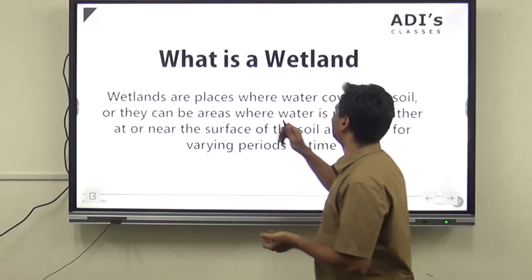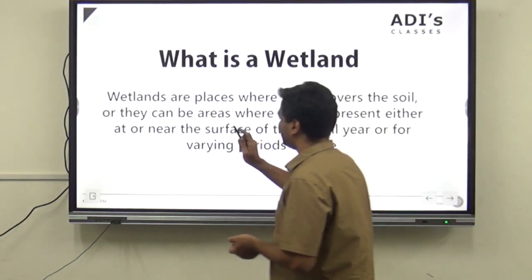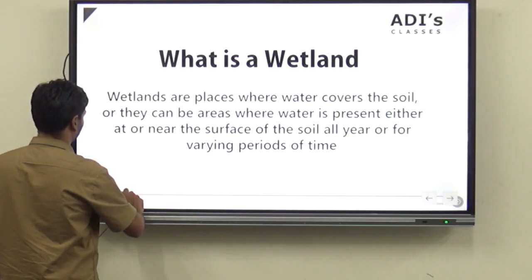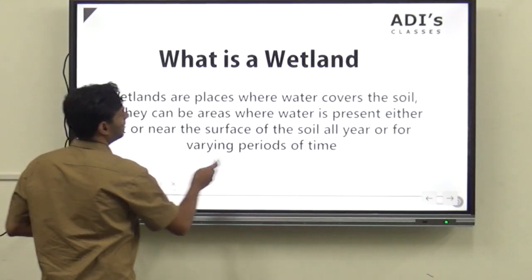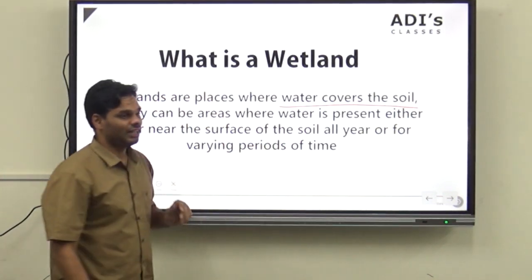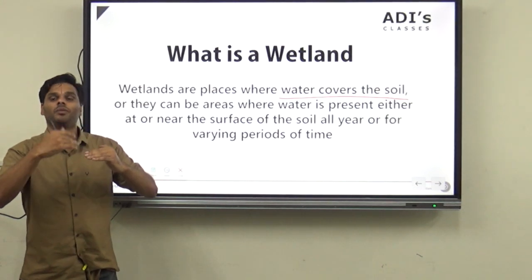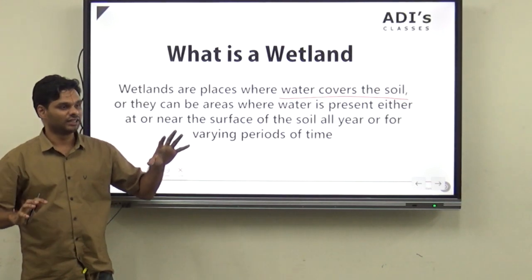Okay. But the actual technical definition, you can look at it in two parts. One, where water covers the soil. So water is on top of the soil, it is stagnant or flowing.